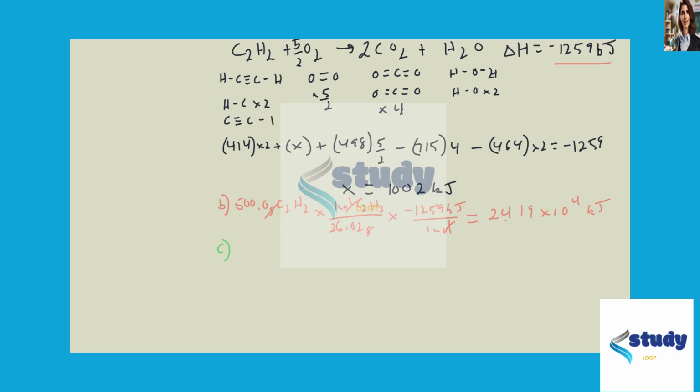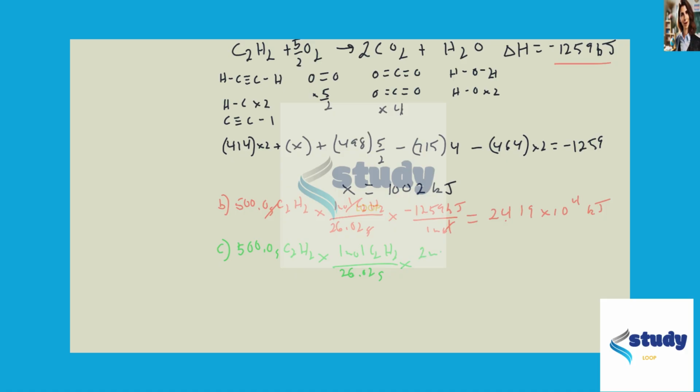C is asking how many grams of CO2 are formed. So we're going to make the assumption that we're still using this 500 grams of acetylene. So I have 500 grams of C2H2. Once again, I'm going to change it to moles. 1 mole of C2H2 has a mass of 26.02 grams. And then I look at my mole ratio from the equation.